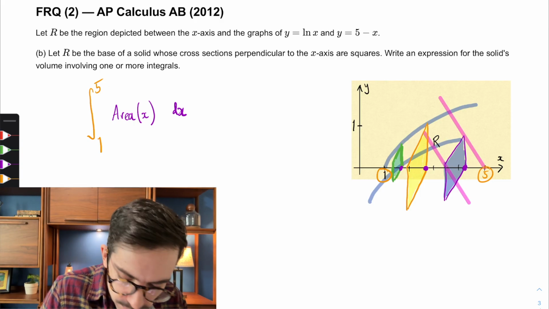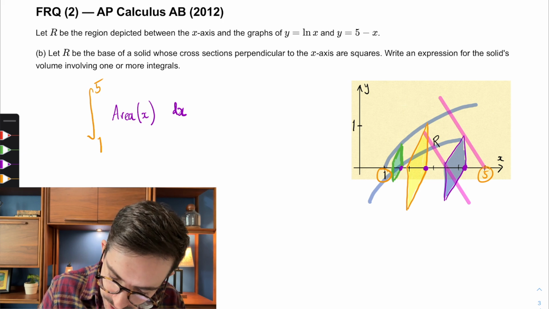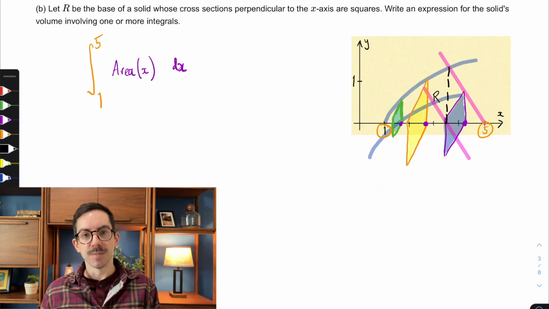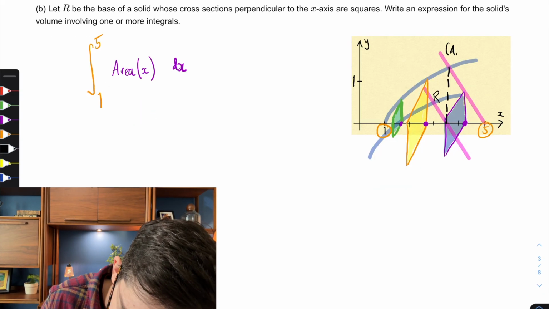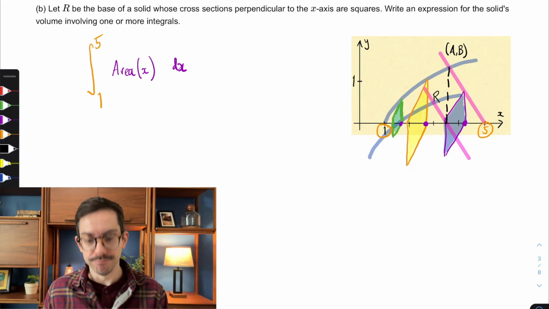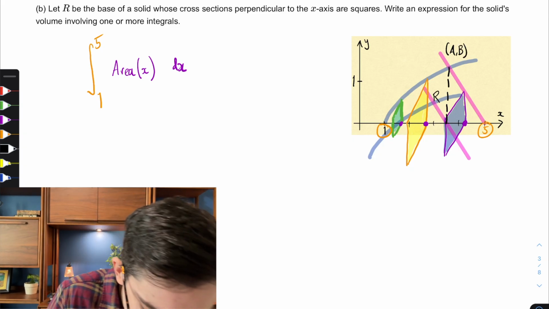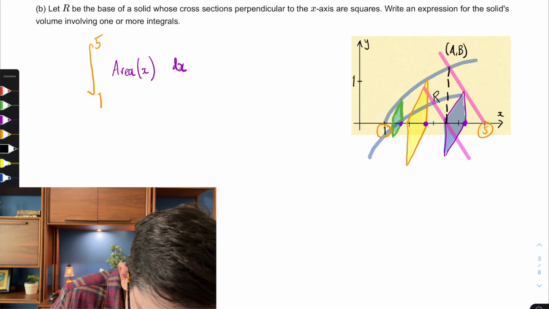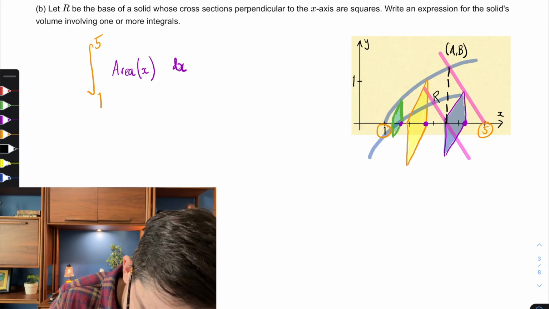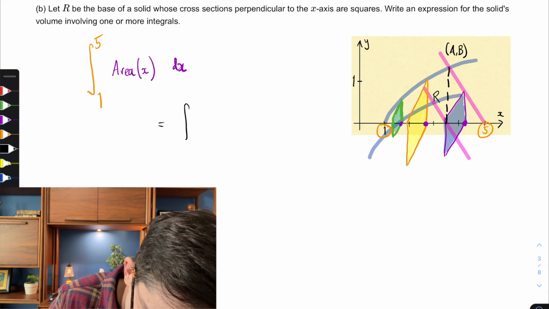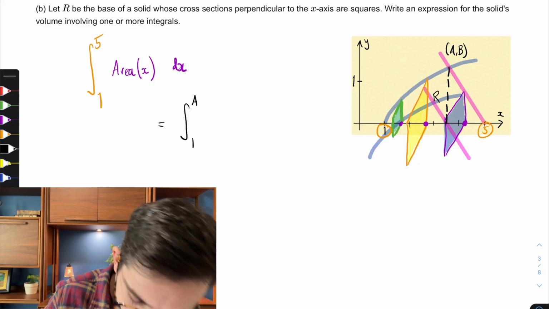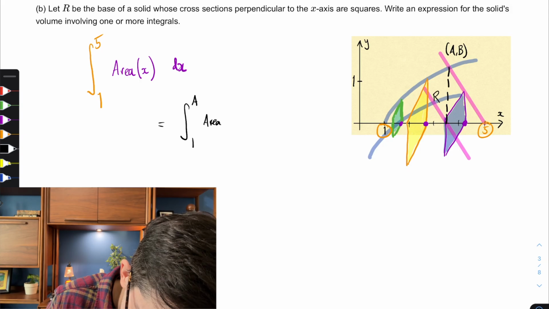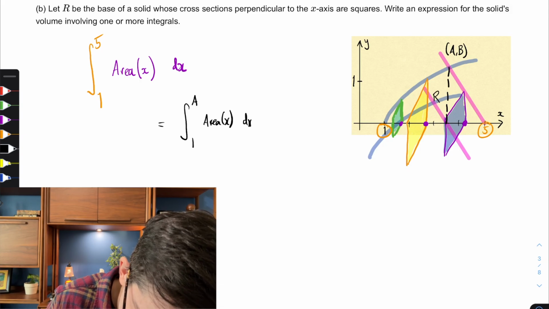But remember, the rule defining the region R changes at that intersection point, which previously I was calling A. So what we're really going to do is split this up into two integrals. We're going to go from 1 up to A, and take the area of my cross section.